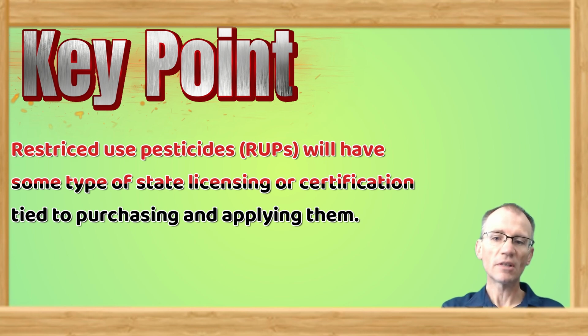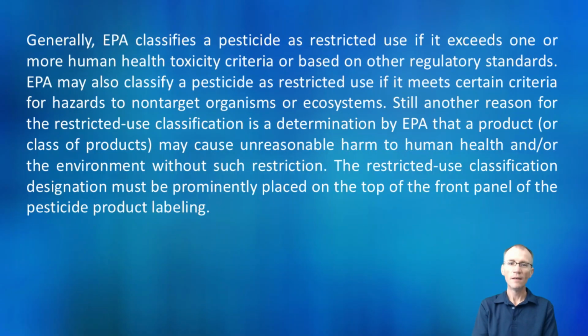But we have to understand that most all pesticides are classified as restricted use, but there are a few products that we can go pick up at the local hardware store that are going to be more general use pesticides that have a very low toxicity compared to the RUPs. Generally, EPA classifies a pesticide as restricted use if it exceeds one or more human health toxicity criteria or based on other regulatory standards.